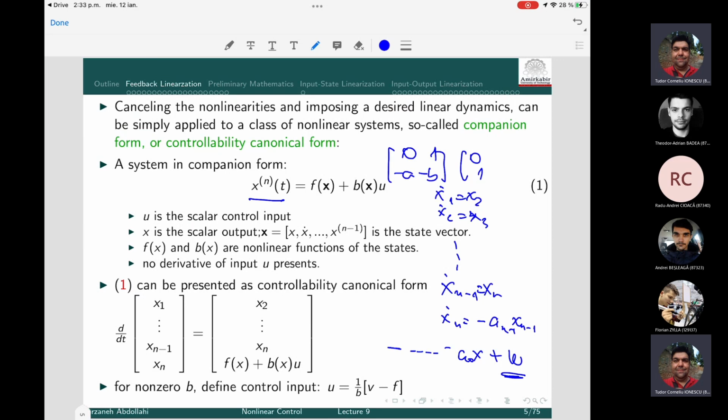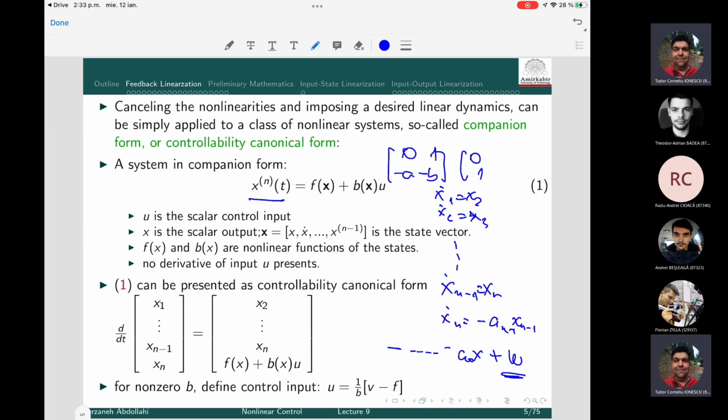And you make the notation bold X with all these differentiations up to n minus 1. This is the state vector. F(x) and B(x) are nonlinear functions of the state. There is no derivative of the input u.